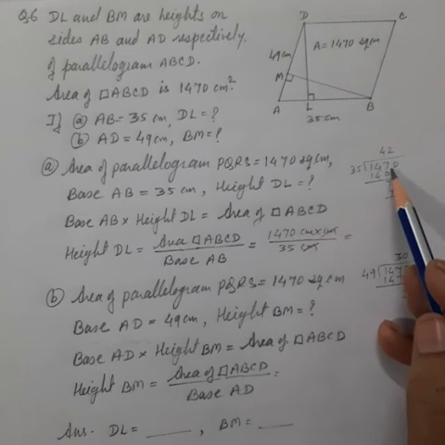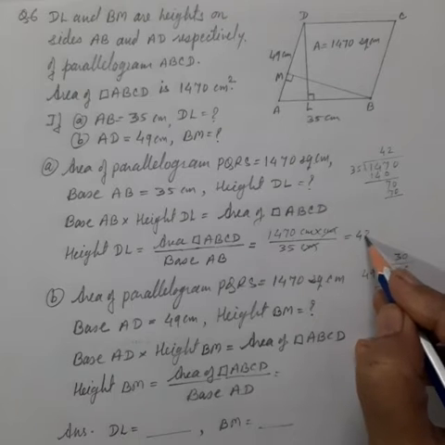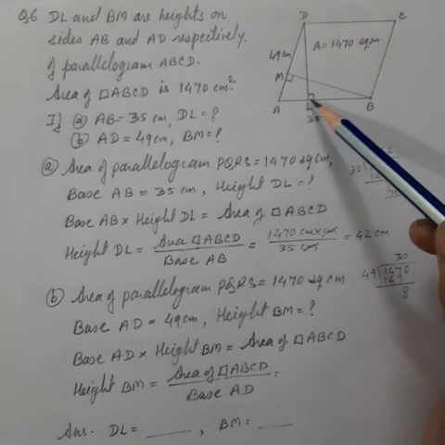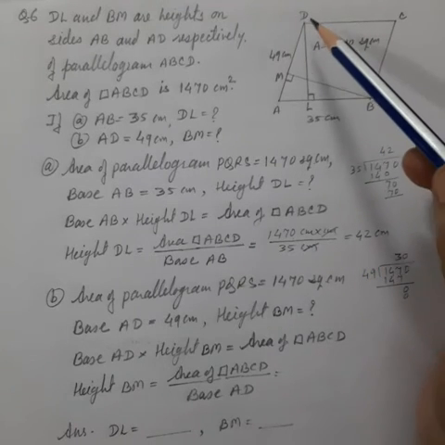Divide this 1470 by 35. We get here 42 and this is centimeter. So DL is 42 centimeter.